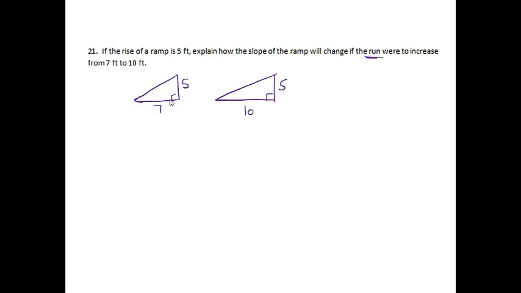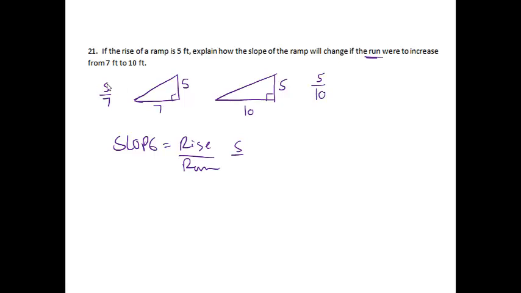So if I compare these slopes now, remember that slope is equal to rise over run. The rise of this one would be 5 and the run would be 7. And then on the second one, the rise is 5, and the run is 10.